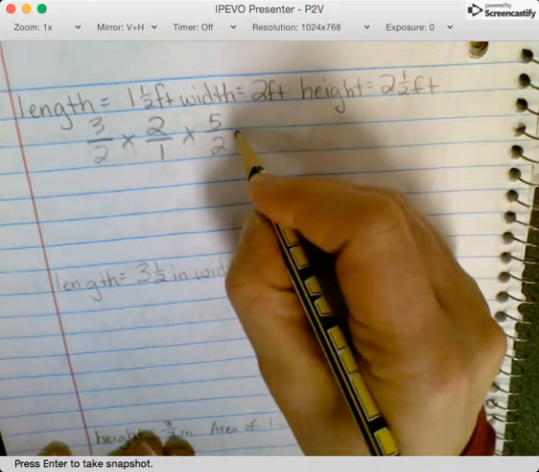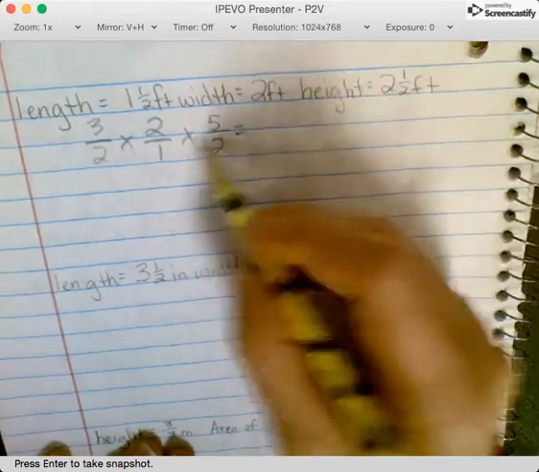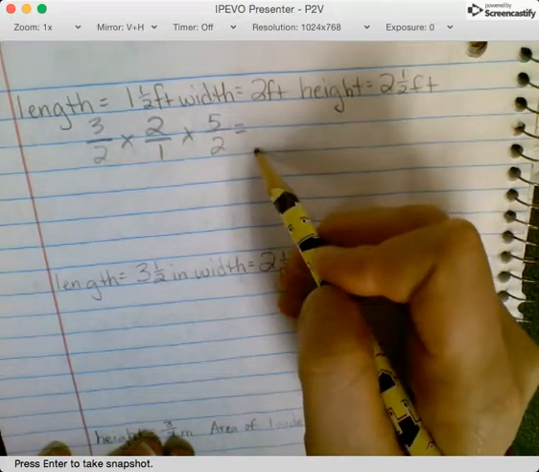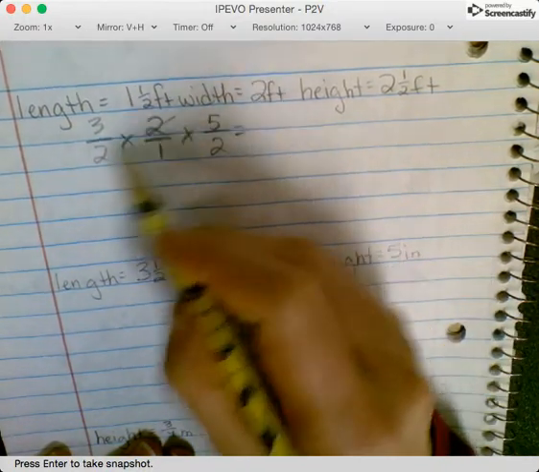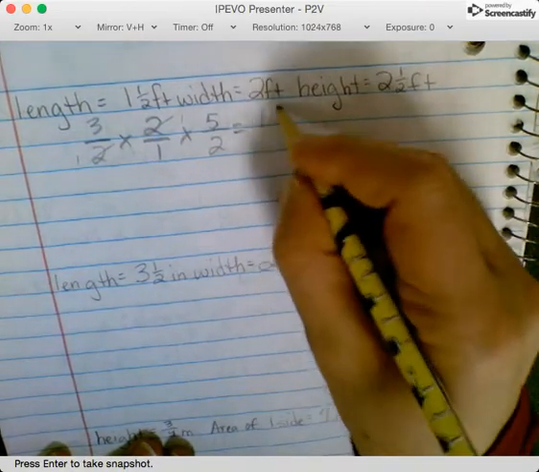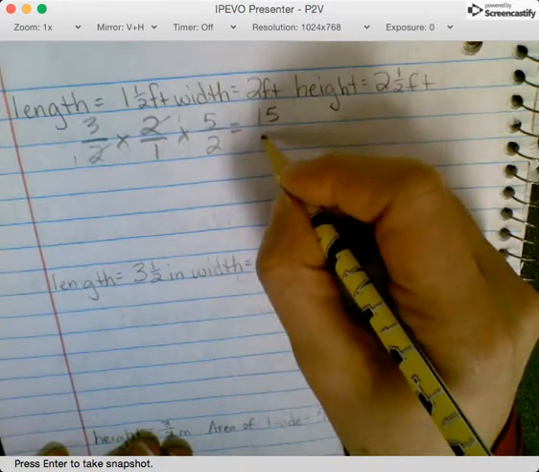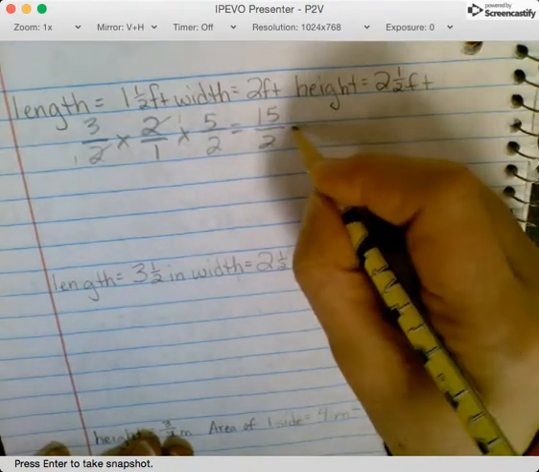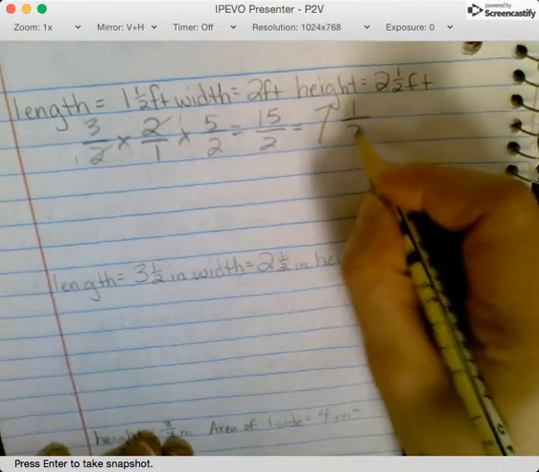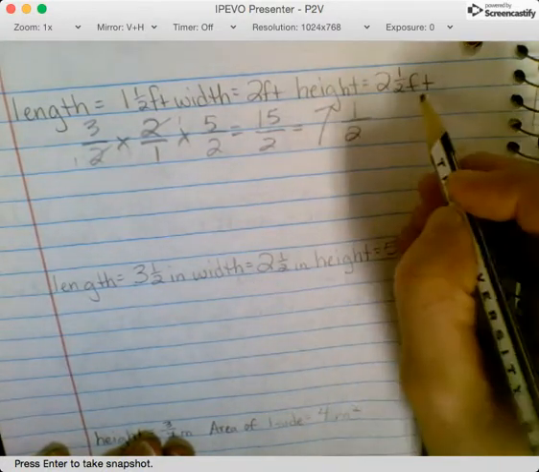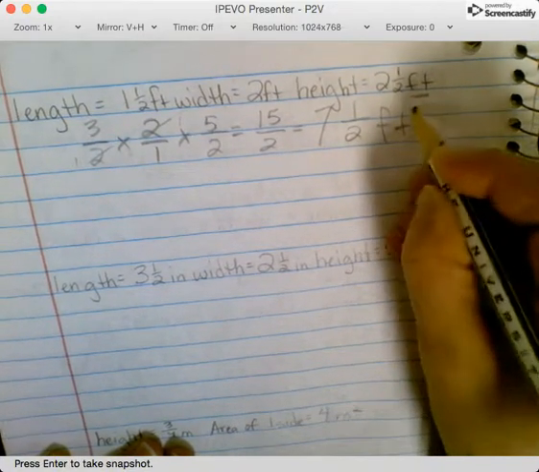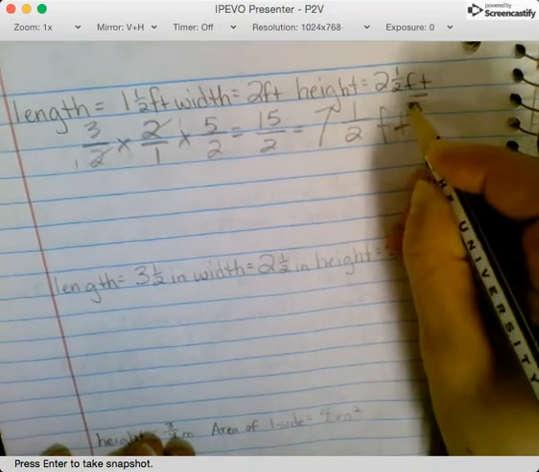Okay? And so then when I multiply this, I could just multiply across and get 30 over 4. Or I could cancel these out and do 3 times 5, 15, and 1 times 2. And 15 over 2 is 15 divided by 2, which is 7 1/2. And the original measurements were feet, so this is going to be feet with a 3 above it, or feet cubed.